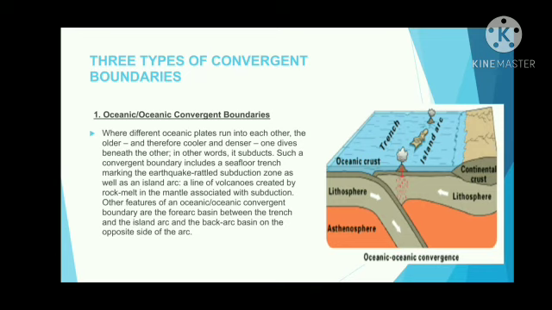Such a convergent boundary includes a seafloor trench, marking the earthquake-rattled subduction zone, as well as an island arc, a line of volcanoes created by rock melt in the mantle associated with subduction. Other features of an oceanic-oceanic convergent boundary are the fore-arc basin between the trench and the island arc, and the back-arc basin on the opposite side of the arc, as you can see in our image.